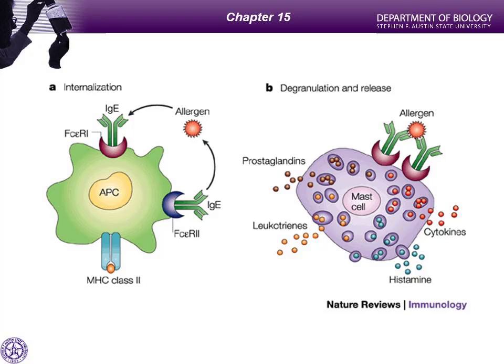It's going to plummet. You're going to get inflammation because of all the leaking fluid. If that inflammation occurs around your airway, what are you going to have trouble doing? Breathing. So I think you can see that type of allergic response, it's not a good thing. It can be very, very dangerous.